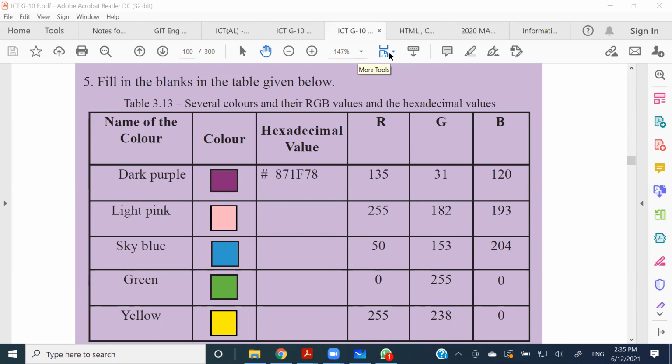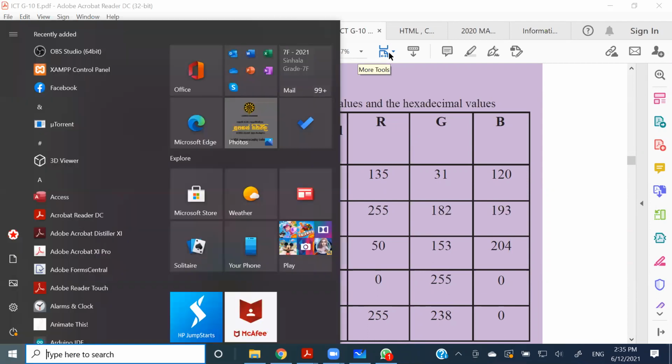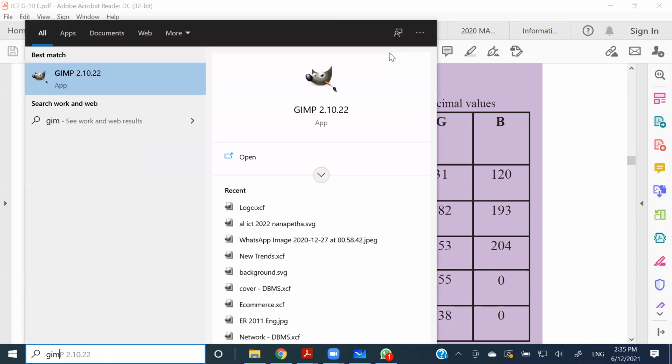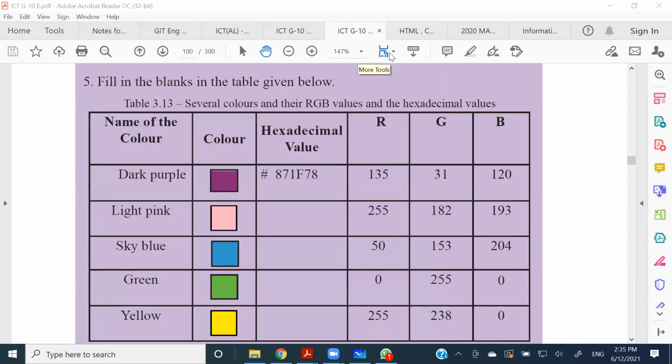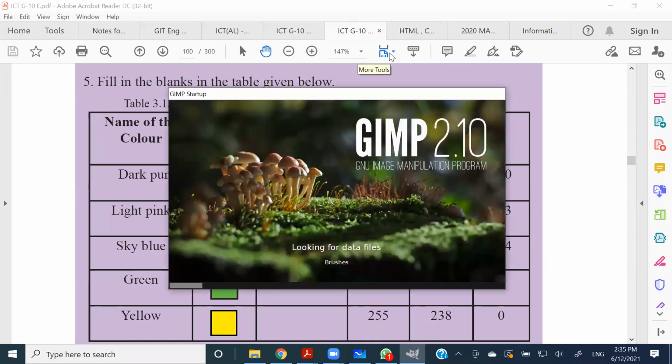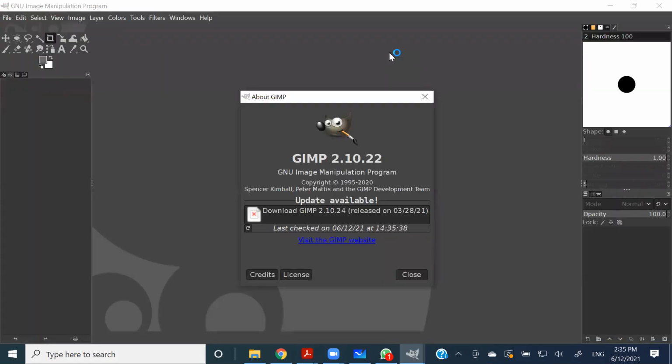Now, in grade 11, we are going to learn a particular software called GIMP, right? This GIMP software is a photo editing software, like Photoshop. We are going to learn about this in grade 11, right?